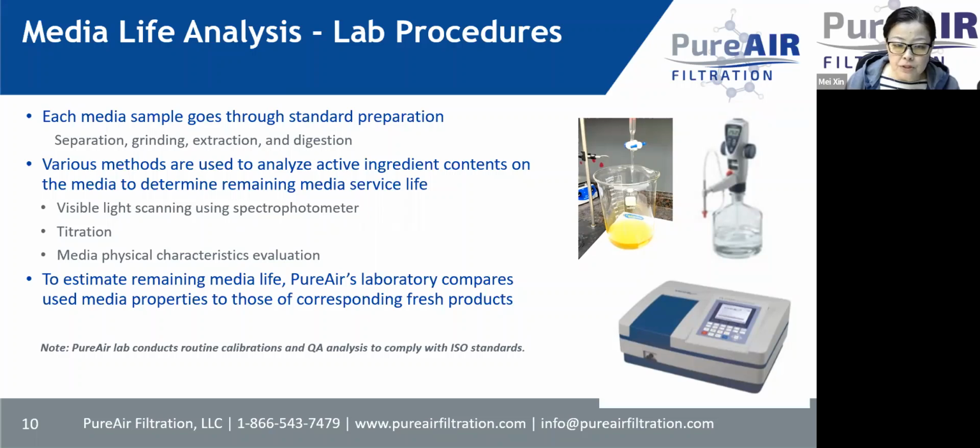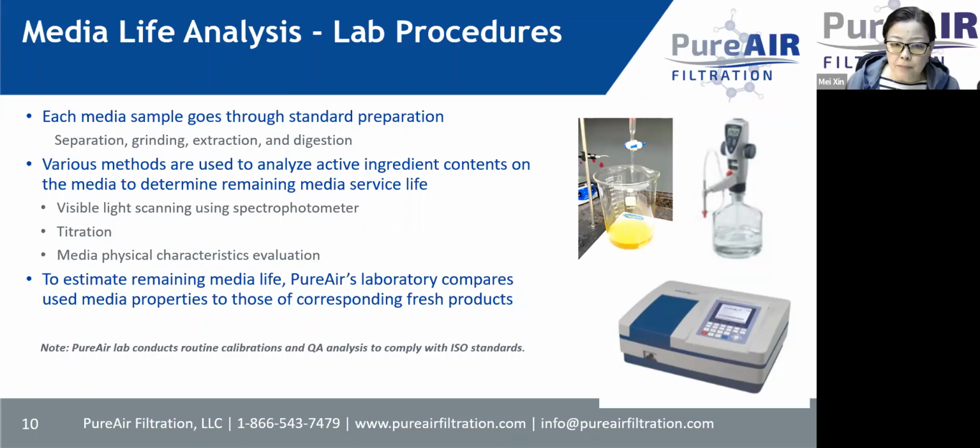Some preparation includes separating the sample, properly recording the sample name, and grinding, extraction, and digestion. After all this procedure is complete, we can move to the next step to analyze what is the active ingredient remaining in the sample.